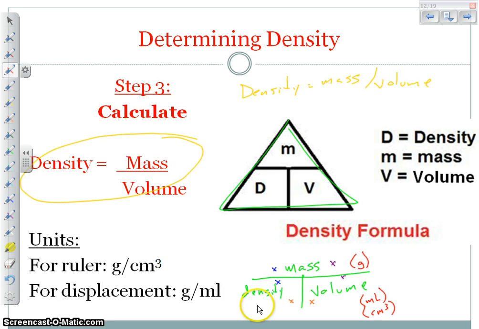That means our density units end up being mass divided by whatever our volume is. In the case of the ruler, we've got grams per centimeter cubed. If we're using displacement, it's grams per milliliter. But in either case, grams per centimeter cubed and grams per milliliter are the exact same thing. They're showing the exact same density. Hopefully that makes a little bit of sense.